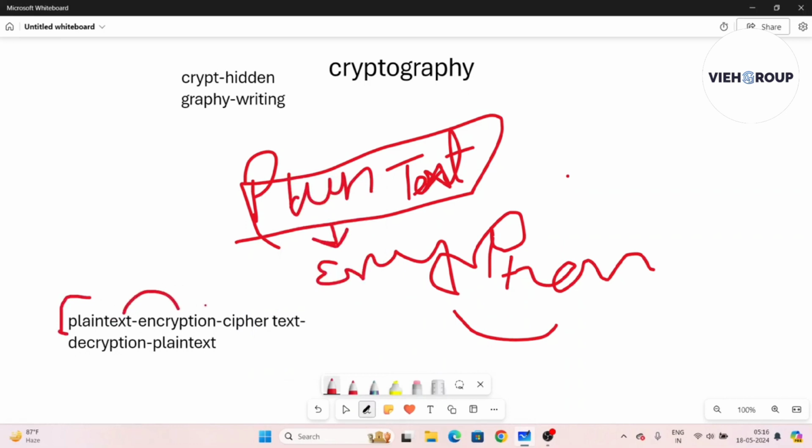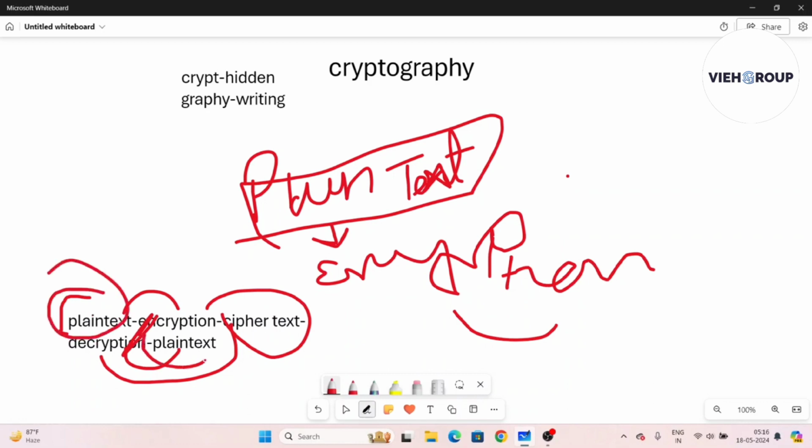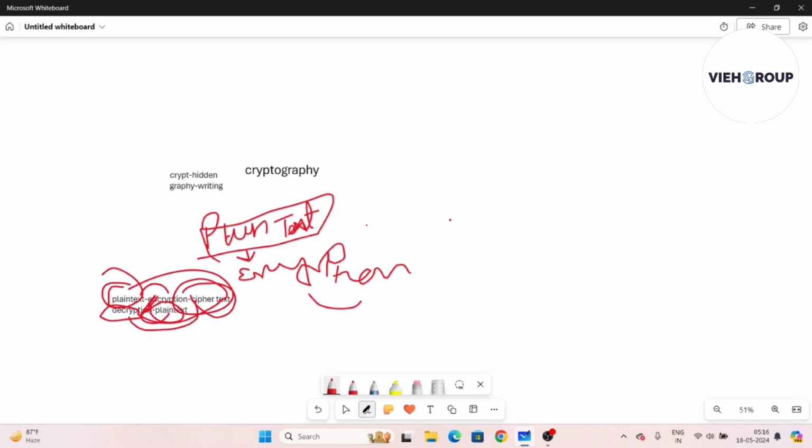It is encrypted, then converted into ciphertext. Ciphertext is converted by decryption, which is the reversible process of encryption, and then converted into plain text. Let's say this one is the sender and this one is the receiver, and the middle part is secured by cryptography. Hope you understand. Let's move to the next topic.